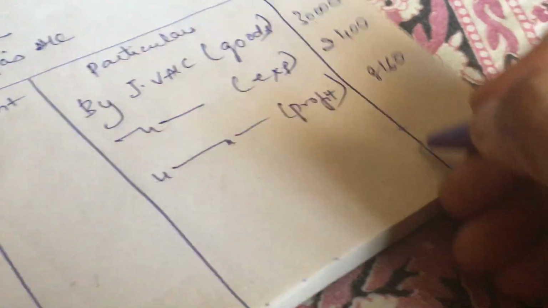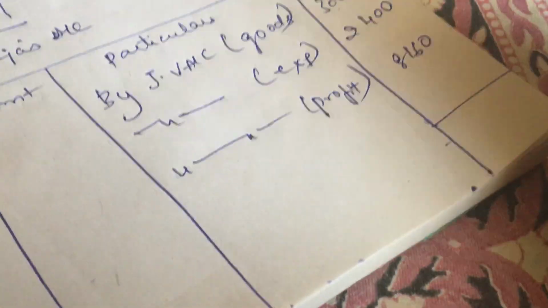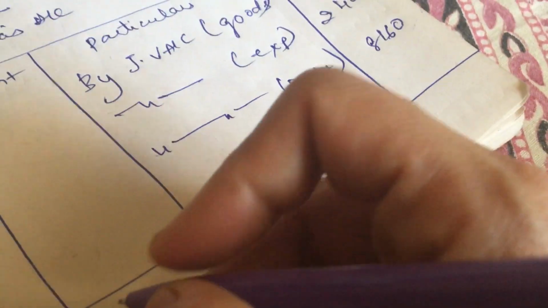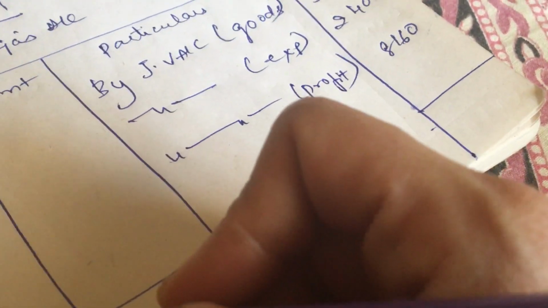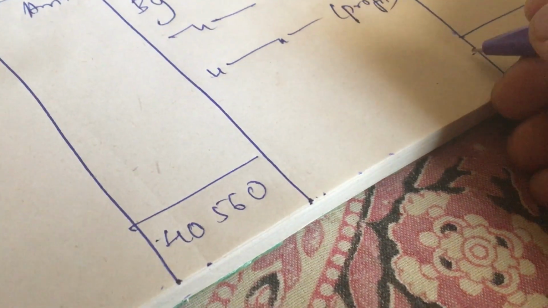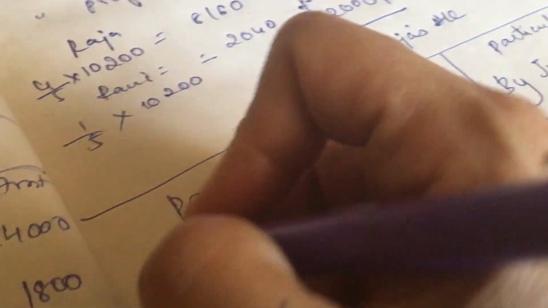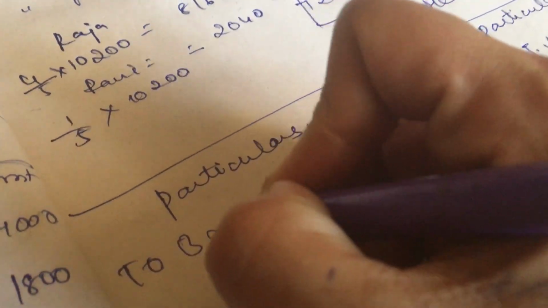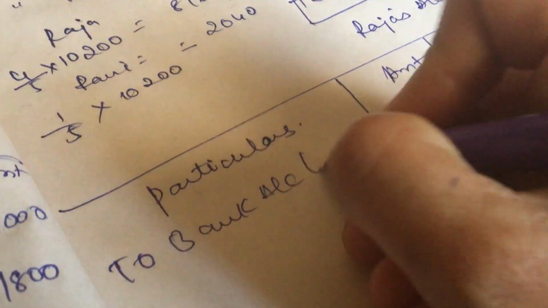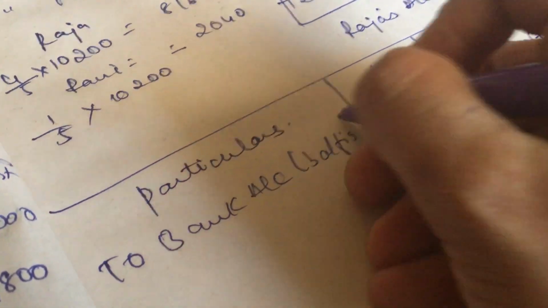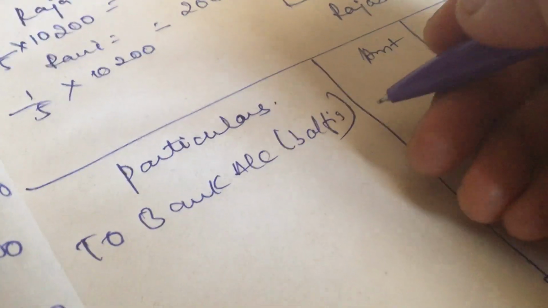If you total, it will come up to 40,560. And the balancing figure to bank account, balancing figure 40,560.